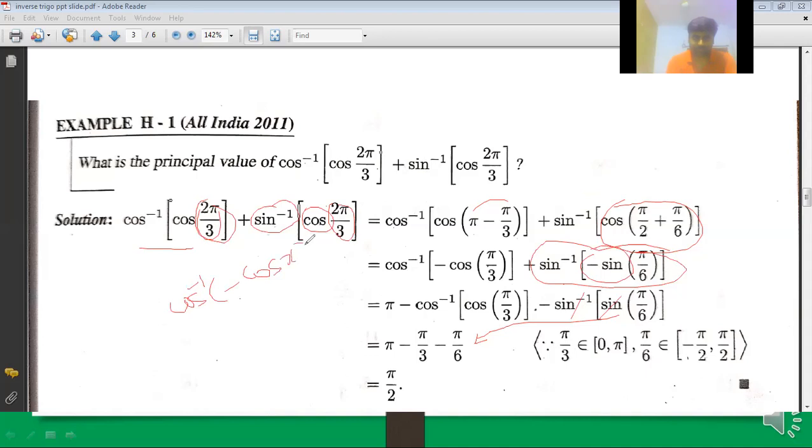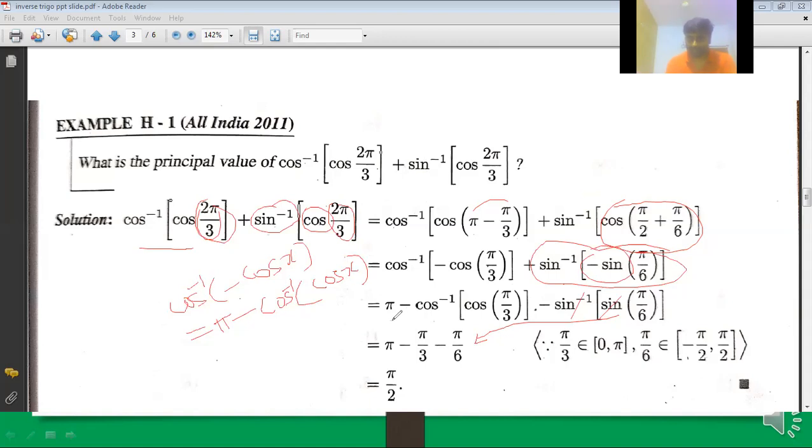Remember for cos, cot and secant the formula is pi minus the inverse of that function. So cos inverse of minus cos x is pi minus cos inverse of cos x. Similarly, secant inverse of minus secant x is pi minus secant inverse of secant x. Remember this formula. Anyway, we'll discuss this again.